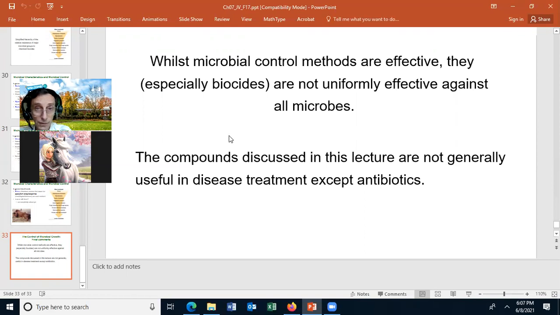In which case, if you're using bleach, you have to use copious amounts because the organic matter will inactivate the bleach. And bleach is a very good and cheap biocide. Okay? And it's fairly effective. But as I stated, it can be inactivated by organic matter.